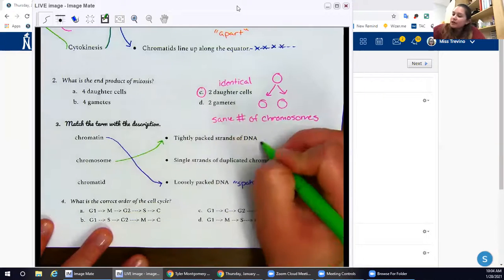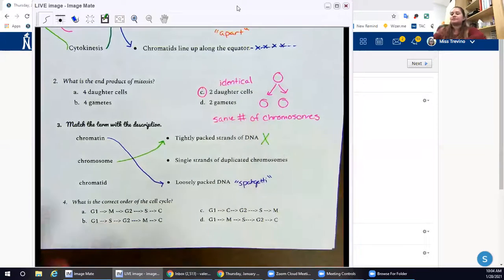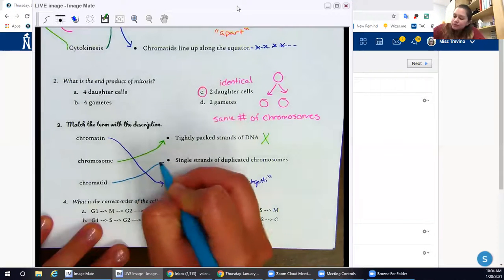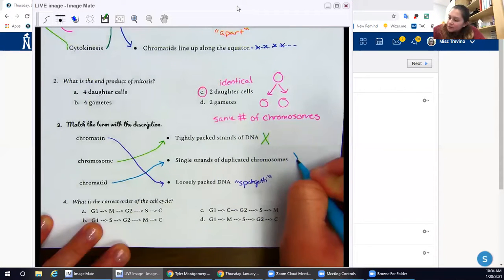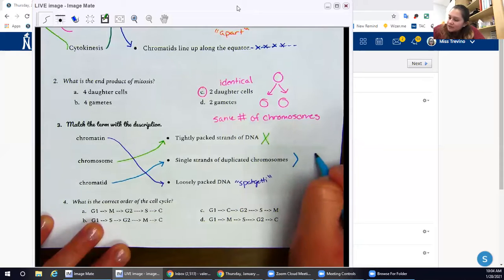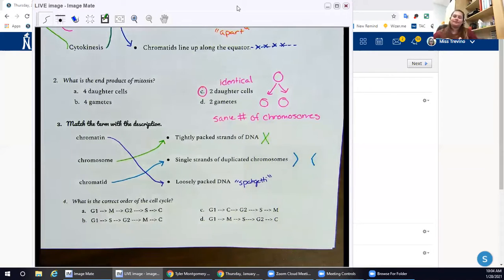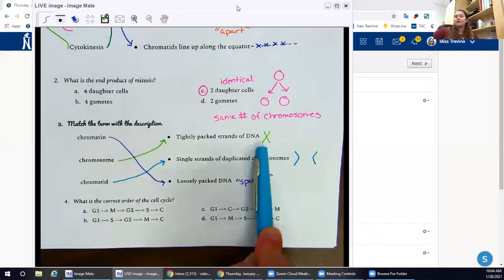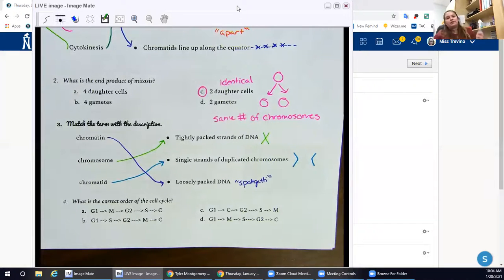This is when they're organized into their X's. And a chromatid is a single strand of a duplicated chromosome. So this would be one chromatid. This would be another chromatid. Together they make a full X chromosome, but apart they're just single chromatids. Any questions on that one?